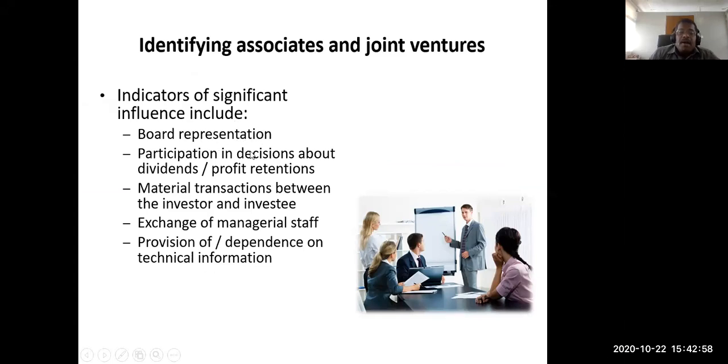Participating in decisions about dividends and profit retention, any material transaction between the investor and investee, exchange of managerial staff, provision of or dependence on technical information. You provide technical information, so you will get the technical information. Those kinds of indicators will help us understand there is significant influence over the investee.